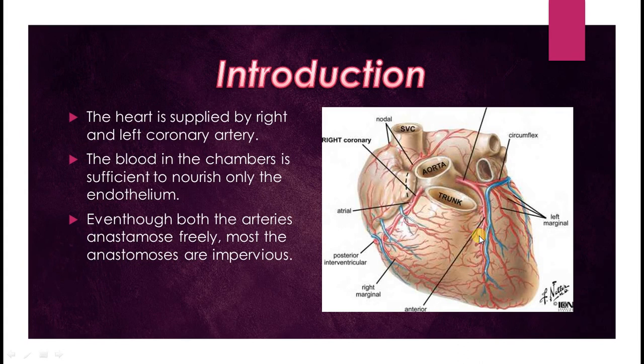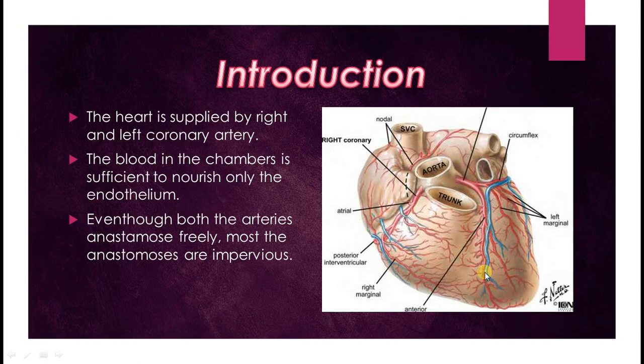Okay. Now, the second thing with respect to the nature of the coronary arteries: you can see so many branches. They are giving rami, various atrial rami and ventricular rami. They permeate through the epicardium and then to the myocardium also. But the anastomoses are actually potential anastomoses. Anatomically they are present, but physiologically they are impervious.